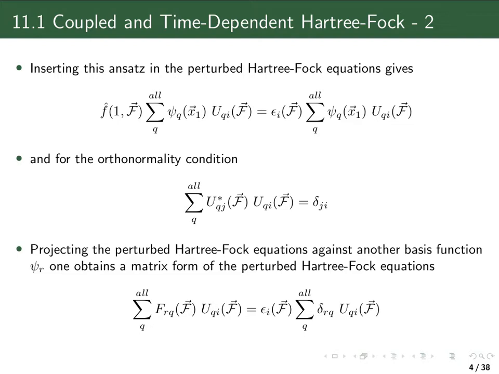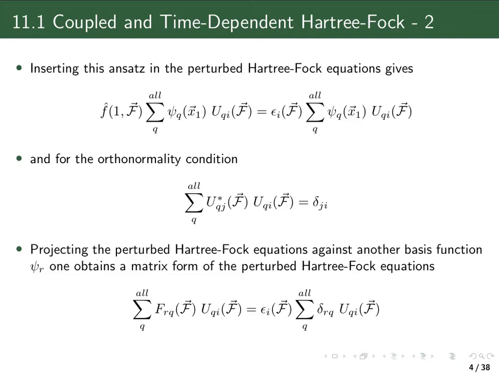And in the same way we will insert it in the orthonormality condition, where we of course have another term originally which includes the overlap between the unperturbed orbitals, but the unperturbed orbitals are orthonormal, and therefore we end up with this condition here.